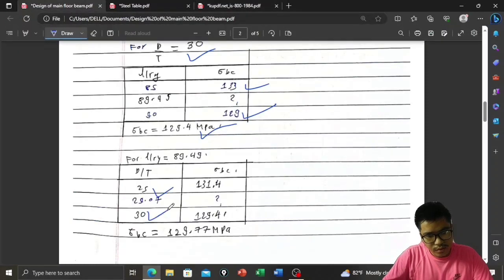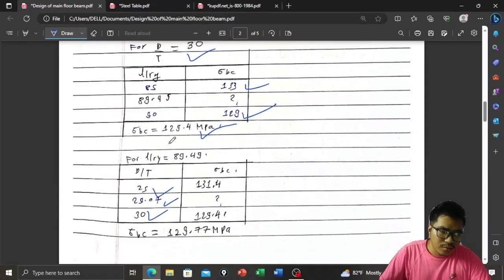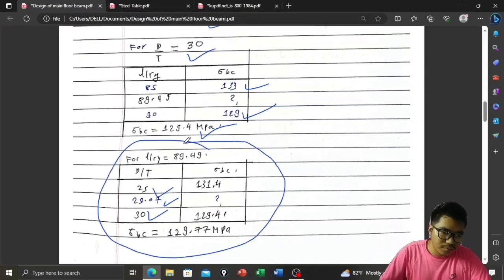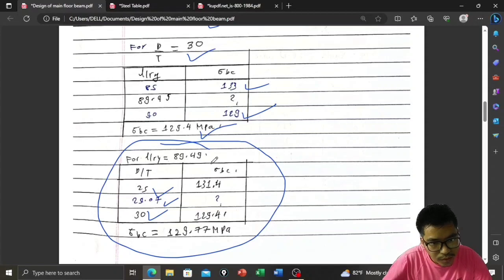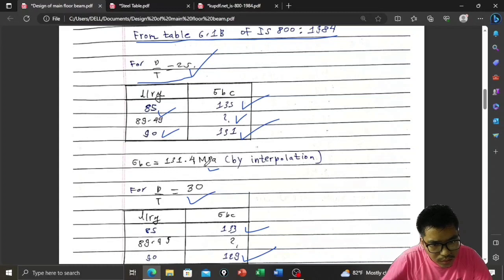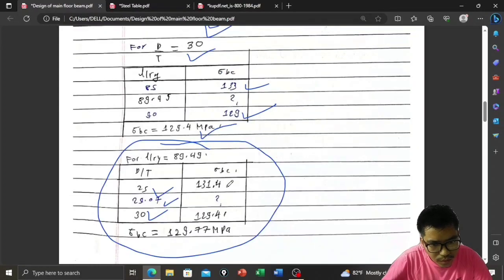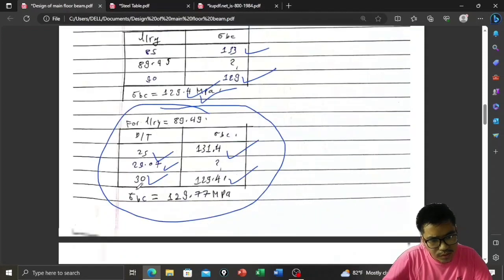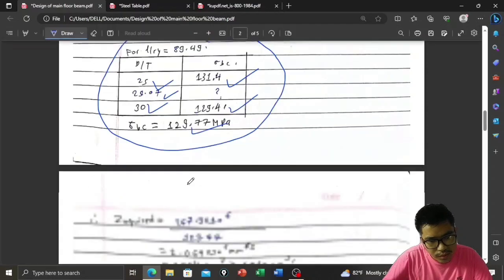For this table we can put this sigma BC value: for d by t 25 it is 131.4, and for 30 it is 129.4. So by interpolation sigma BC is 129.77.